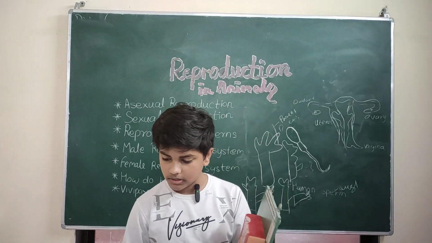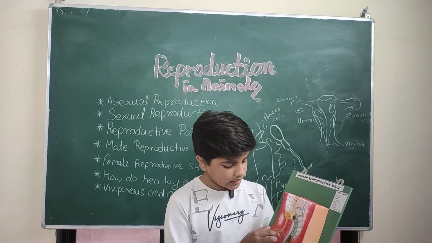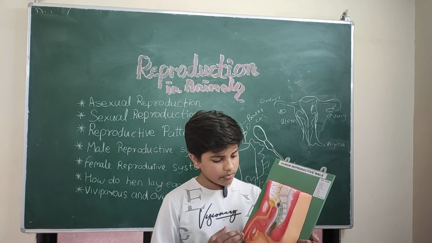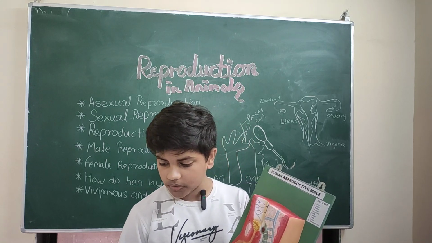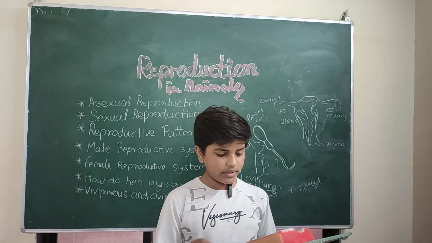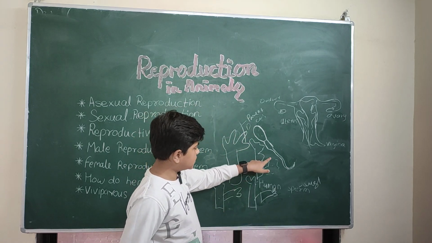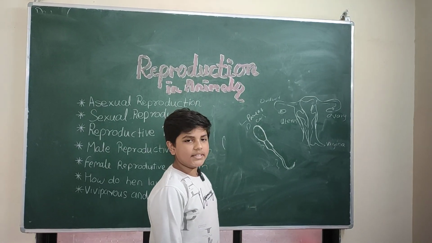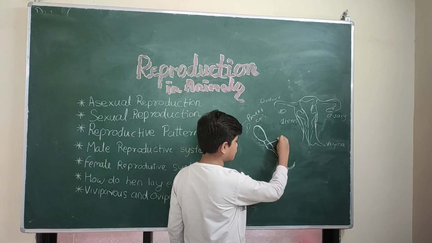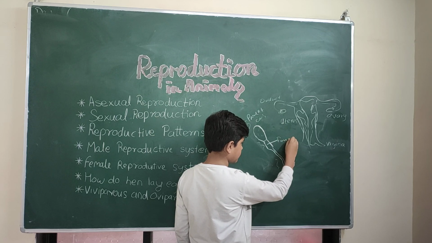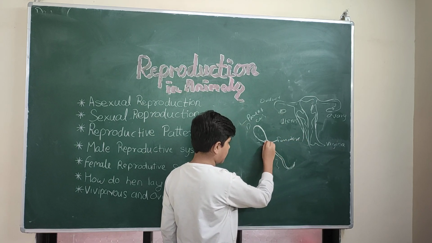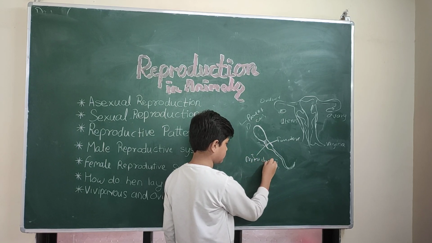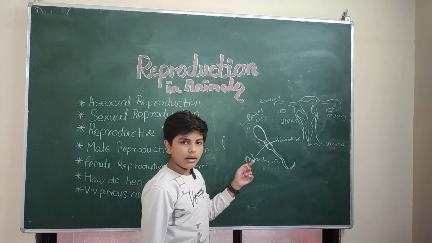Then when the penis gets erect, the sperm comes from the urethra. You can see here the diagram of a sperm. Here it is fructose, and here are many cells. These are known as mitochondria.